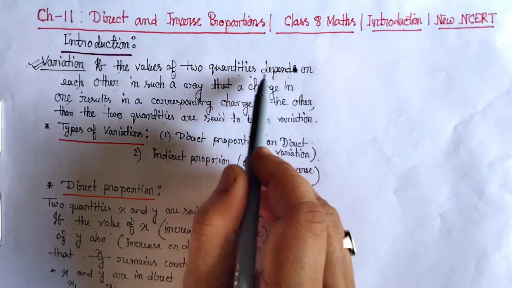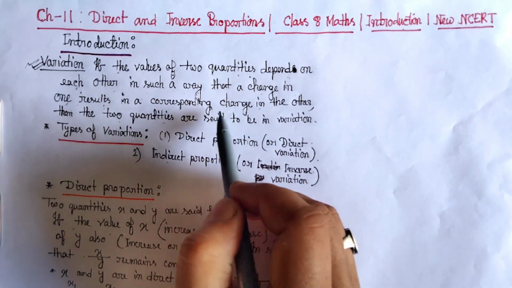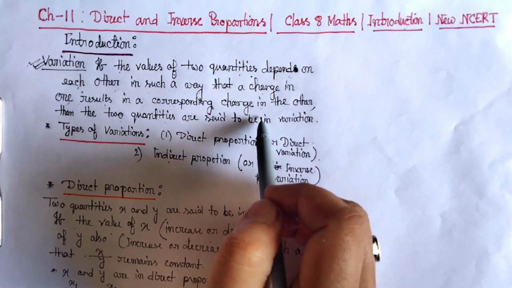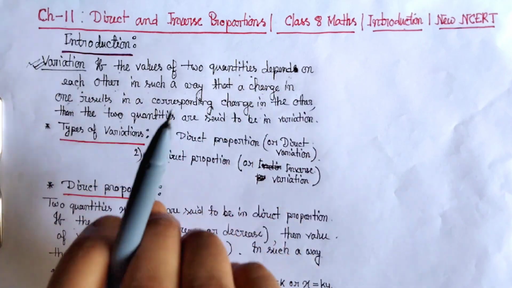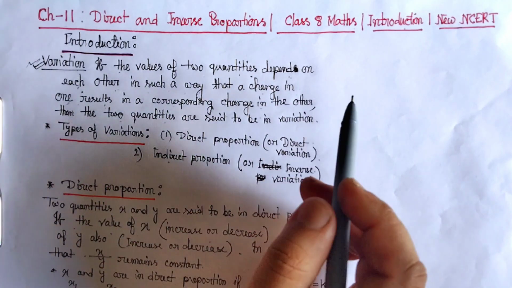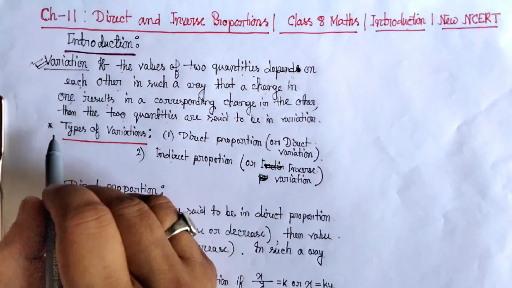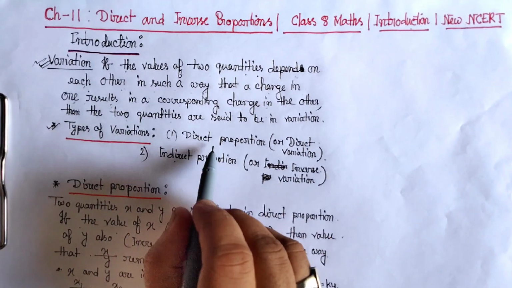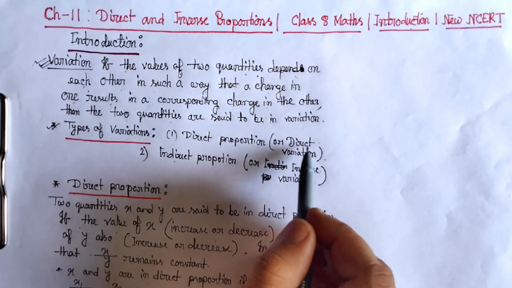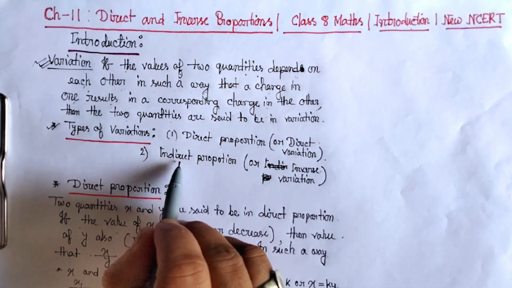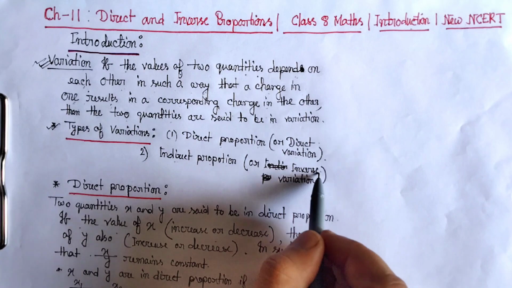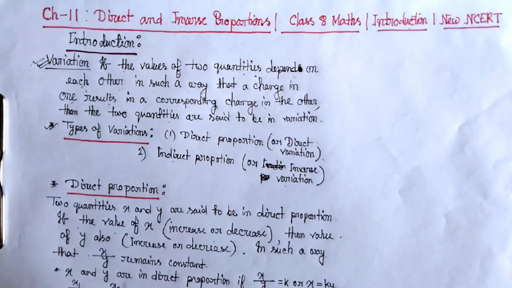Suppose one quantity changes, then the other also changes. If one quantity increases or decreases, then the other also increases or decreases. So there are two types of variation: direct proportion or direct variation, and indirect proportion or inverse variation.